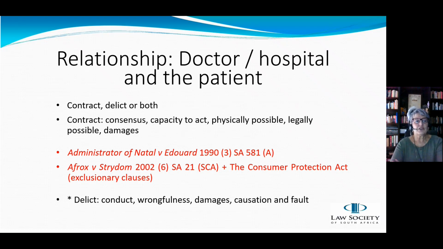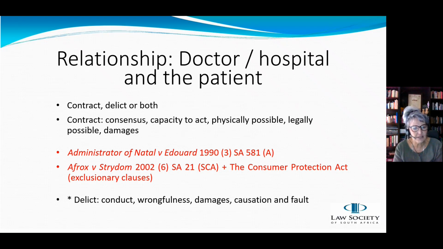That case concerns exclusionary clauses on hospital admittance forms. So that is why the heading for this recording is the relationship between a doctor and a patient, but also a hospital and a patient.